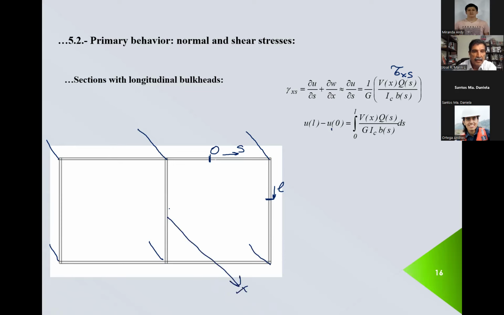In the vertical, I have the z, and y will be in this direction. x, y, z. So u is the deflection in this direction. So probably this will come up to here.